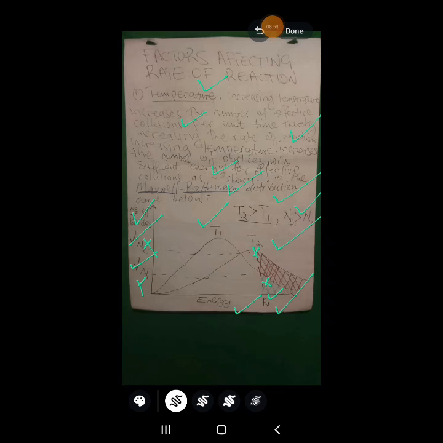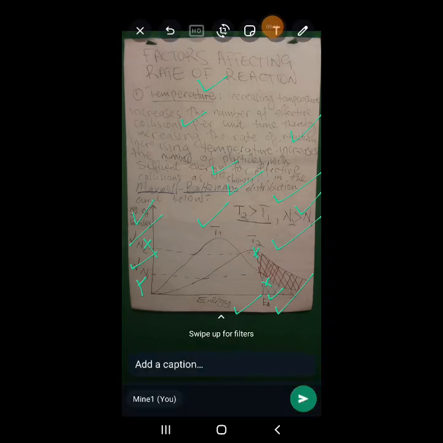So it's very important to mention that the particles that are colliding effectively per unit time increases, because we are supposed to explain the effect of temperature according to the collision theory, right?